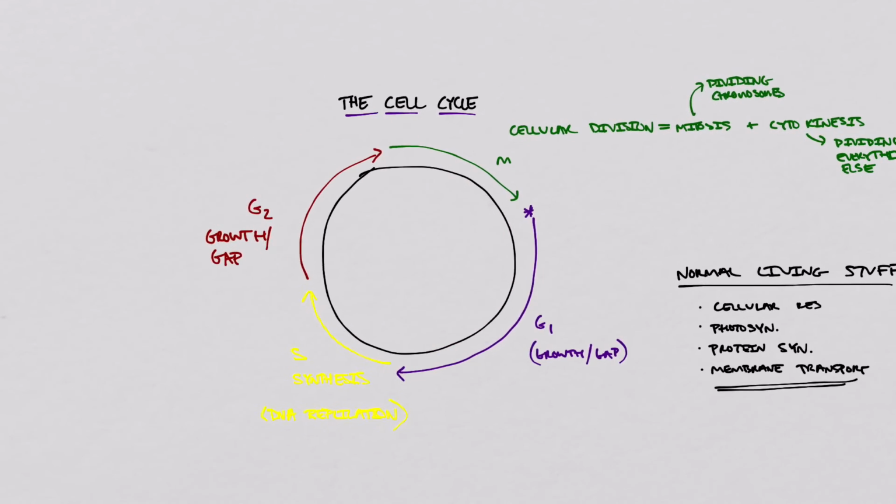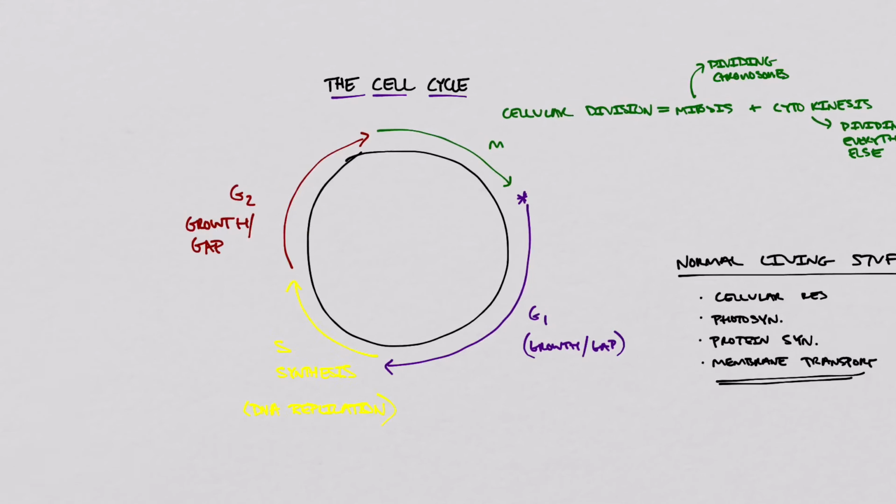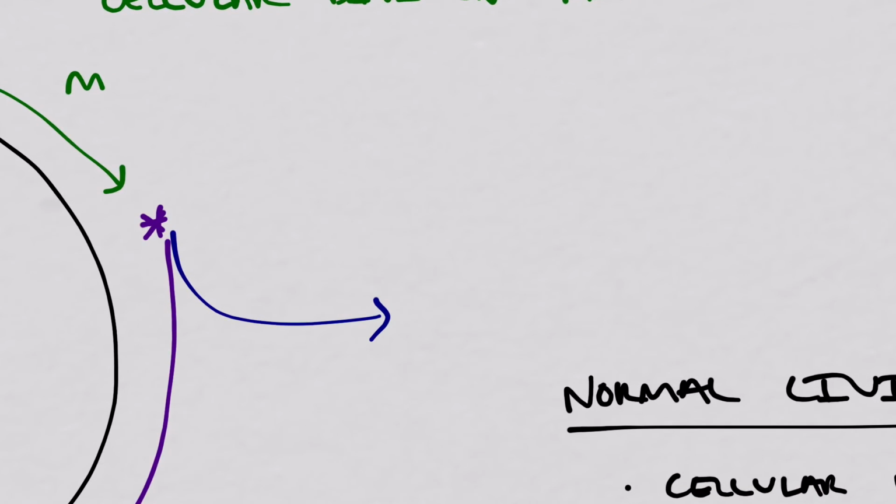Okay, so this is the cell cycle, and every cell in your body goes through the cell cycle. And cells that are rapidly dividing will go through this again and again. However, some cells exit the cell cycle, and so after a mitotic phase, a dividing phase, they go into what's called G0.